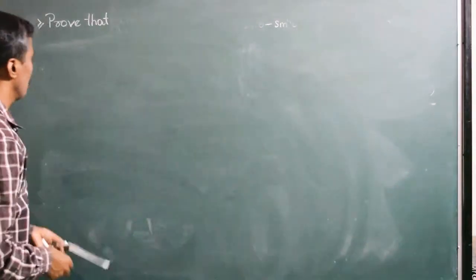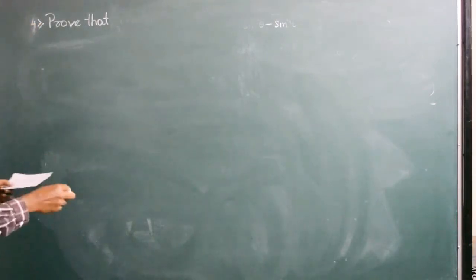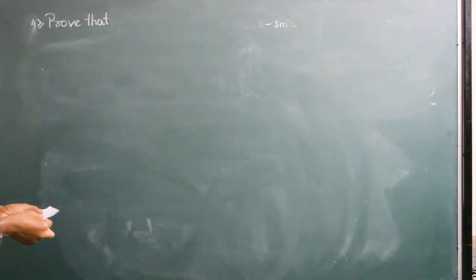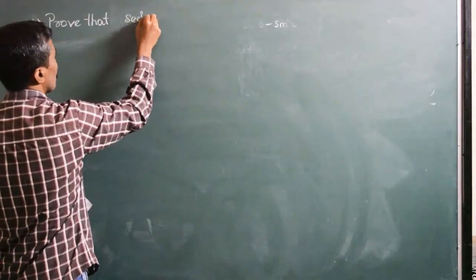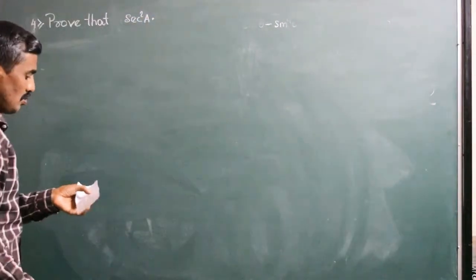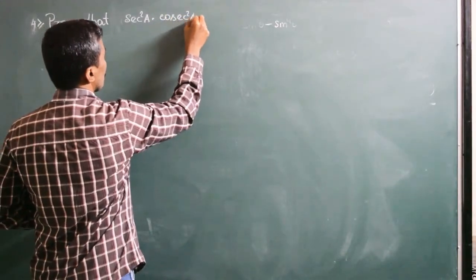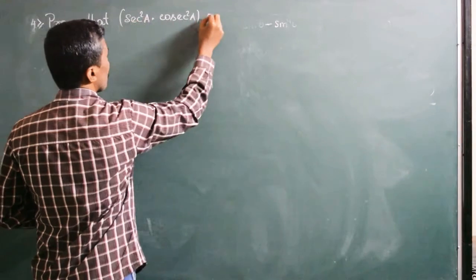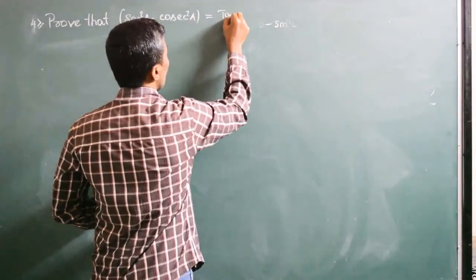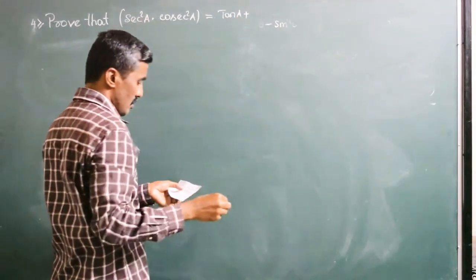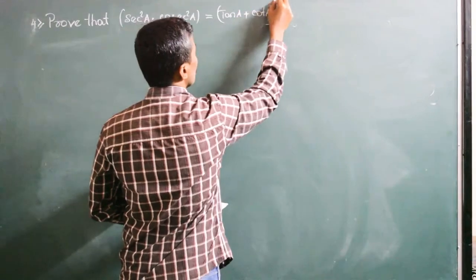Fourth problem is prove that secant square A into cosecant square A is equal to tan A plus cot A whole square.